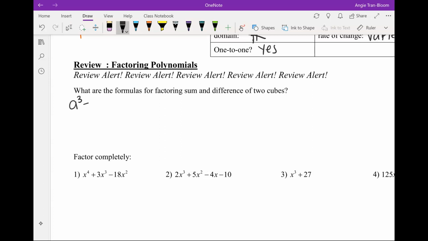A couple days ago, you had a homework, and you were asked to practice or review factoring sum and difference of two cubes. And I said, okay, if you don't already have it memorized, go ahead and write it in. Take 30 seconds and write that in right now in your notes. Give me the formula for factoring sum and difference of two cubes.